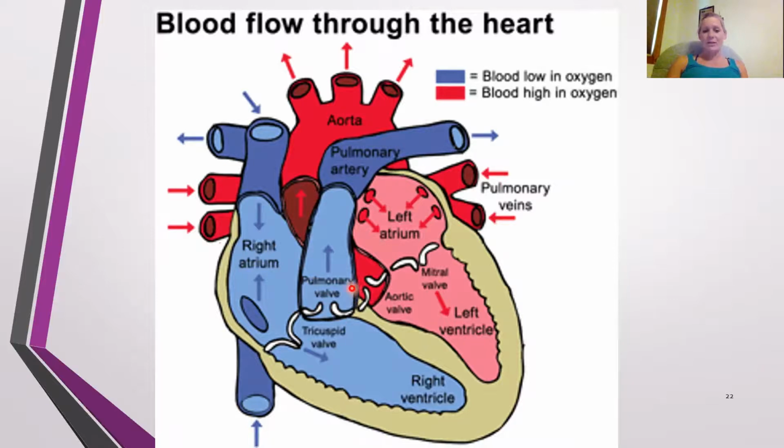So it must pass through this semilunar pulmonary valve into the pulmonary artery where I can deliver that blood to the lungs, and therefore I can pick up oxygen and get rid of my CO2 in that location. Once I've done that, the blood will come back through the pulmonary veins and enter into the left circulation.